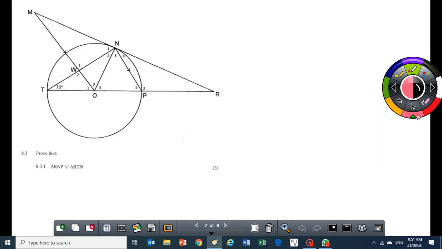The names of triangles that are similar are written based on corresponding angles that are equal. So, if you are given, like in this case, two angles, R and P, let's just label it. We have R and P, which is this one here.